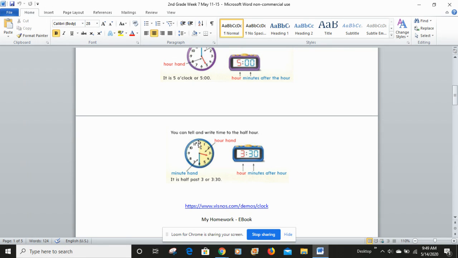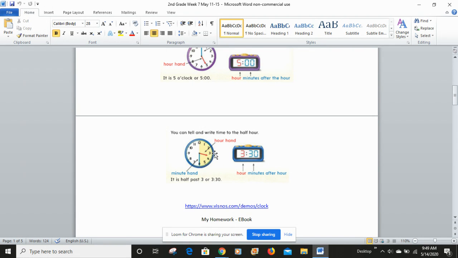So if the minute hand is up here, then we read just the hour. But when the minute hand faces down to the bottom, if we were to count all these little marks from the 12 down to the 6, there would be 30 marks. So we call that 30 minutes. So when the minute hand is pointing straight at the 6, we look at the hour hand and we can see that hour hand is past the 3, but not yet to the 4.